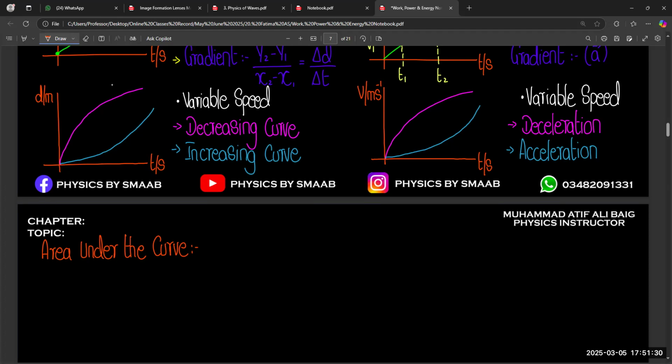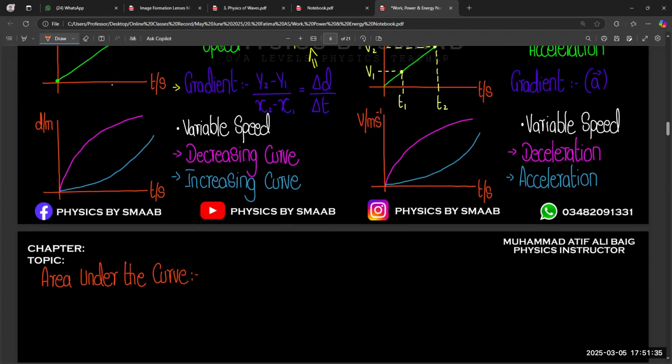The first, gradient: always check whether you are getting any other quantity from the gradient of the graph. And the second is area. Maybe one of them will give you another quantity, and sometimes both will give you two new quantities, just like in a speed time graph. From the gradient, we are getting acceleration, and from the area under the curve, we will get distance.